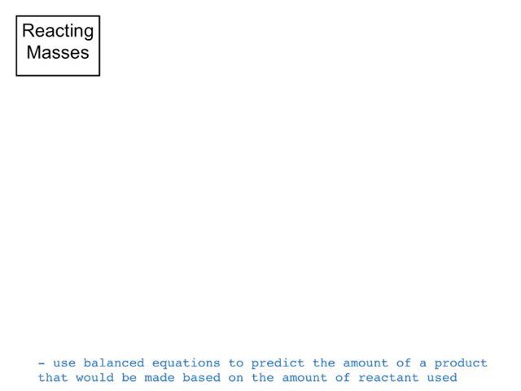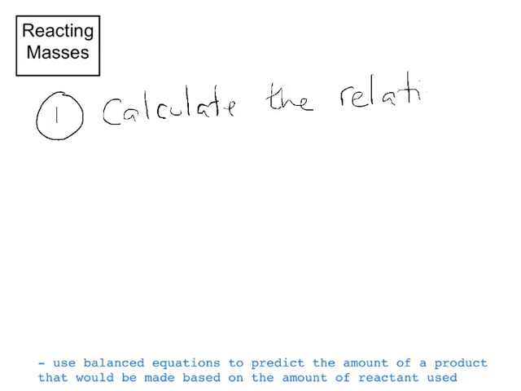So before you have a go at a few yourself, I'm just going to recap the steps you have to take in order to work out the amount of product you'd make if you knew the amount of reactant you're starting with. So first step is you calculate the relative formula mass of the relevant compounds.